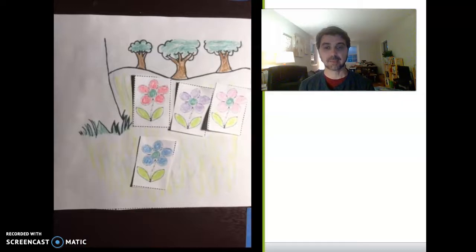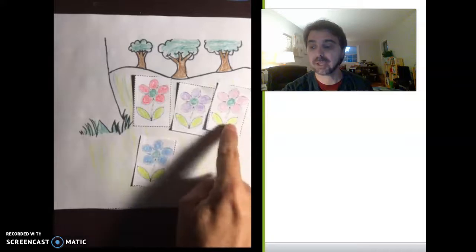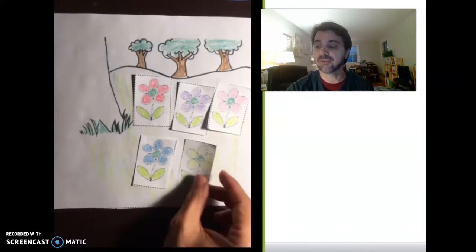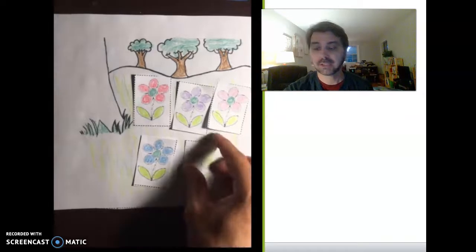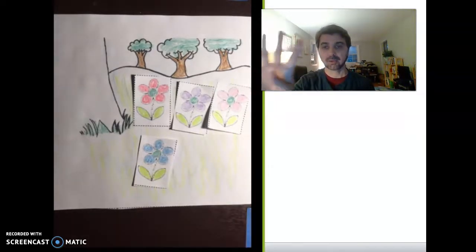Look at it. If you said 4, you're correct. If you did not say 4, that's okay because you're learning and your brain is growing. So let's count. We have 1, 2, 3, 4 left. We still have 4 flowers. So we started with 5. 5 take away 1 is equal to 4.